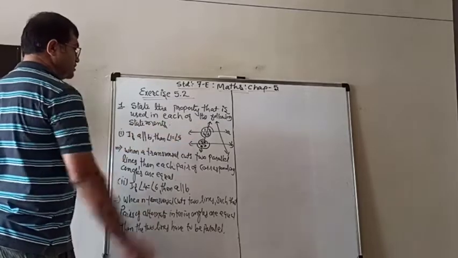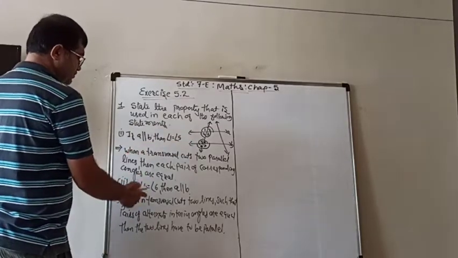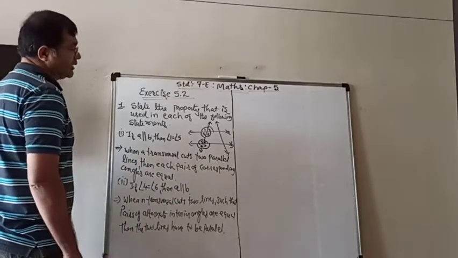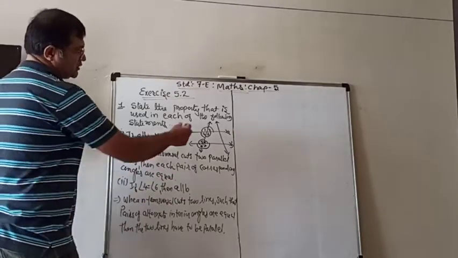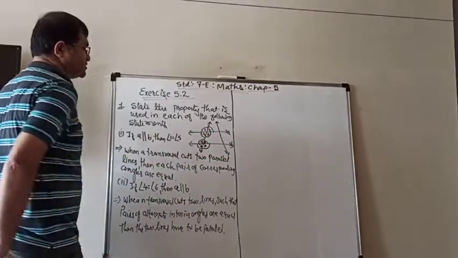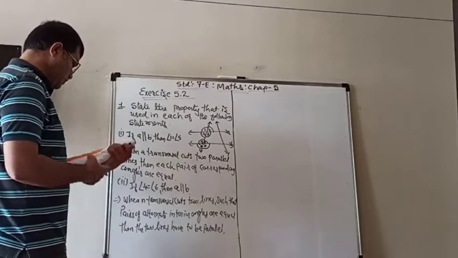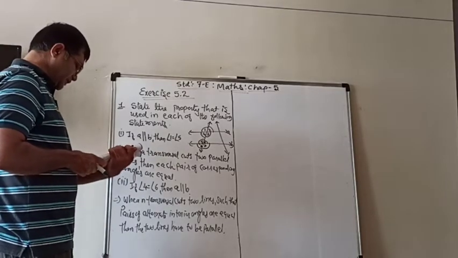So that is the thing to remember, that here angles are given and we have to show that the lines are parallel. So here we saw that it is making Z. Z stands for the alternate interior angles, and therefore it is like that.